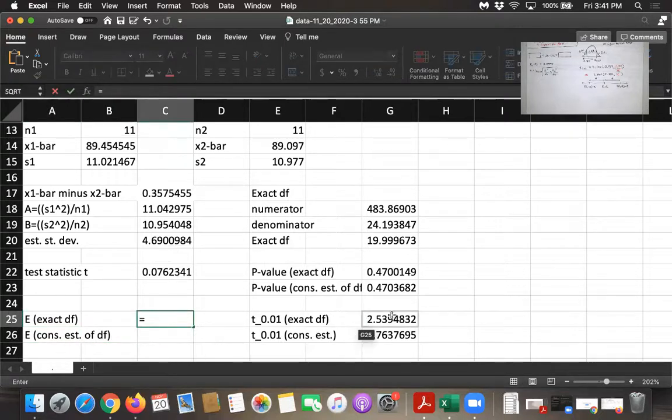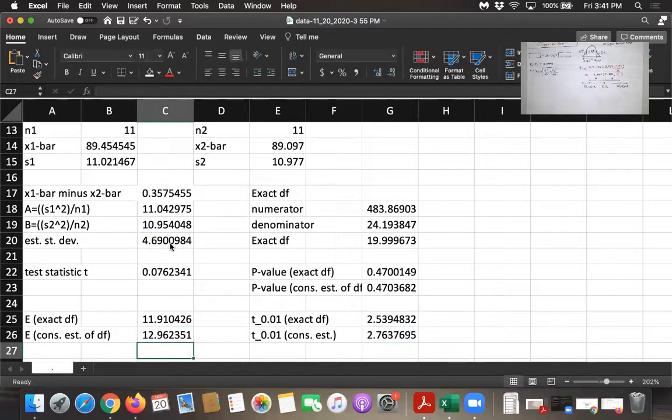So we'll take t sub 0.01 and we'll multiply by that estimated standard deviation, which we computed earlier. And here we'll do the same thing, t sub 0.01 from the conservative estimate of the number of degrees of freedom, and we multiply that by the standard deviation again.